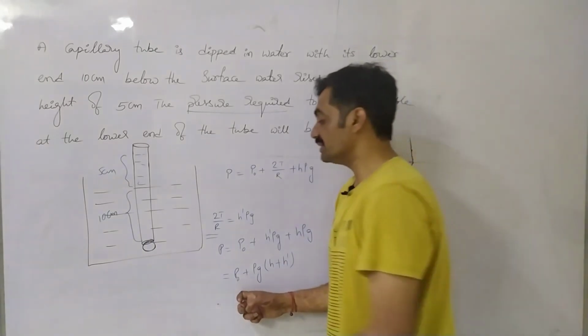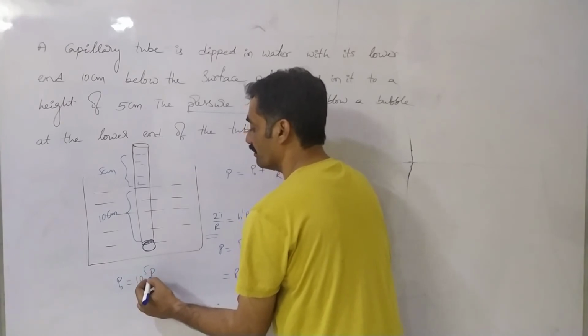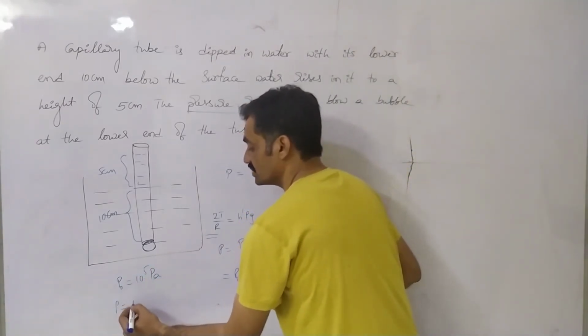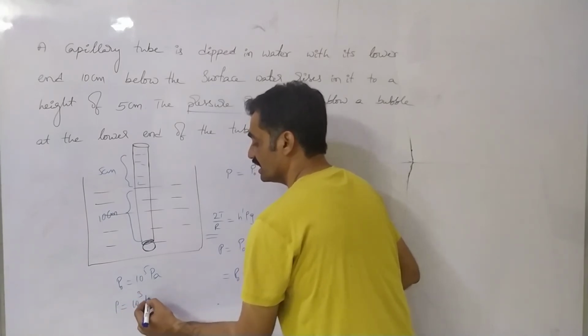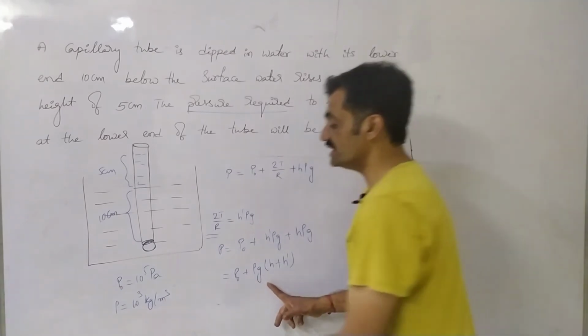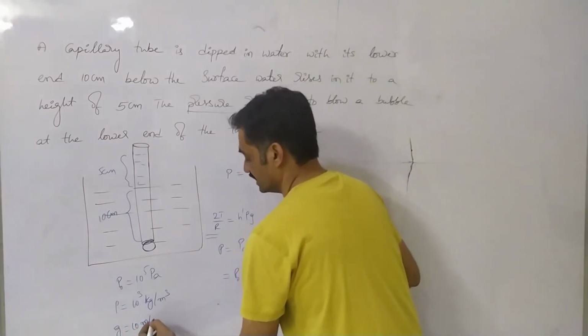We know that the atmospheric pressure is given as P naught equals to 10 to the power of 5 Pascal. And the density of water rho is equals to 10 to the power of 3 kg per meter cube. And the value of g is 10 meter per second square.